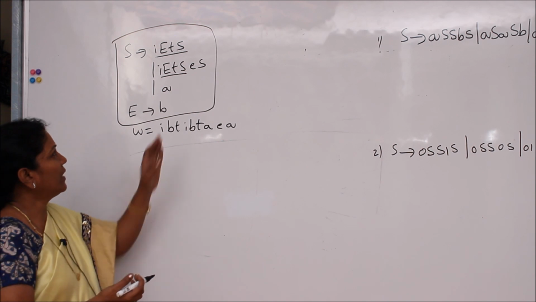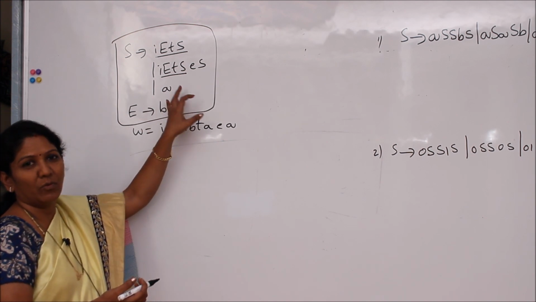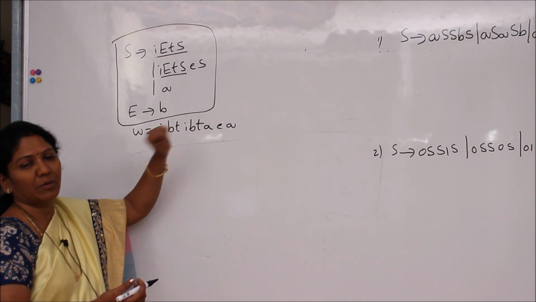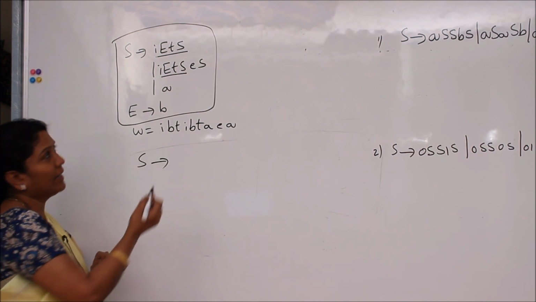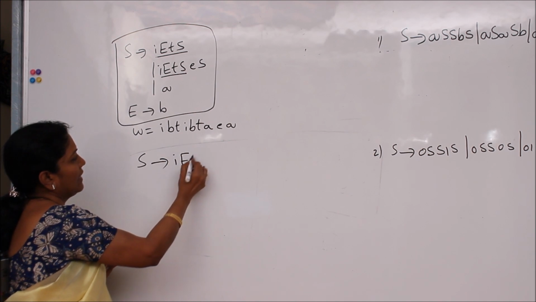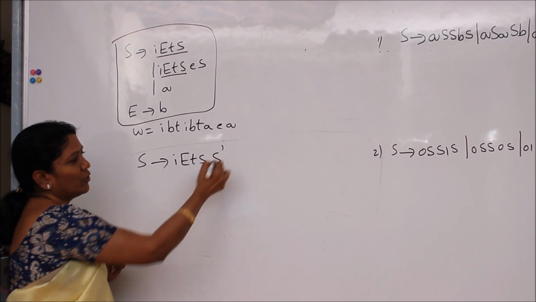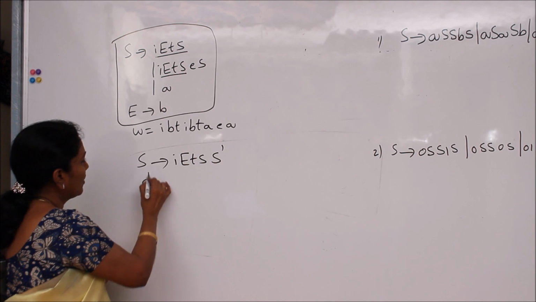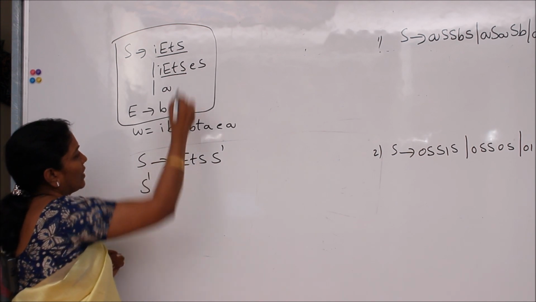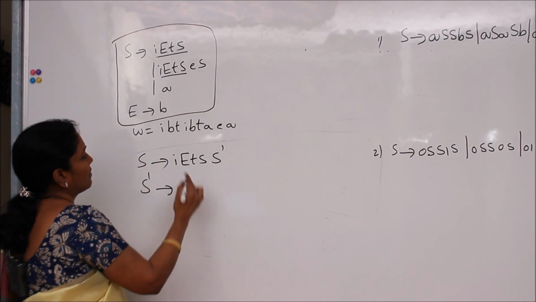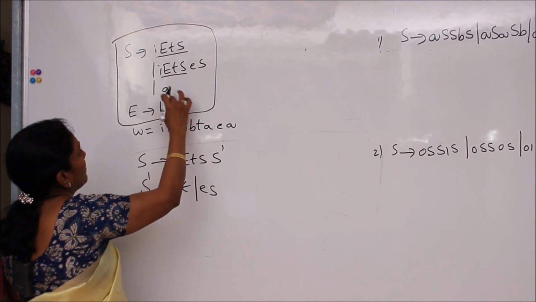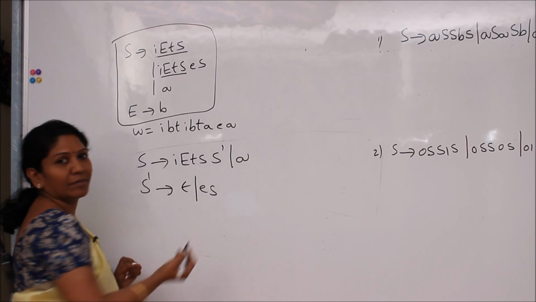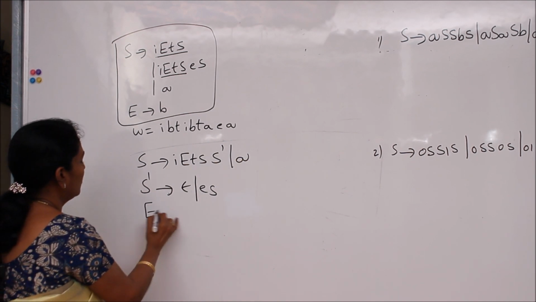So how do we left factor this grammar? How do we convert this non-deterministic grammar to deterministic grammar? What did I say? Take out the common part. Here the common part is iEtS, and introduce a new non-terminal, where this new non-terminal is whatever is left out. In the first part it is epsilon, in the second part it is eS, whereas S can be a, and E can be b.